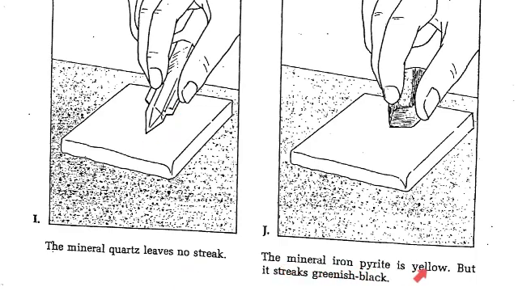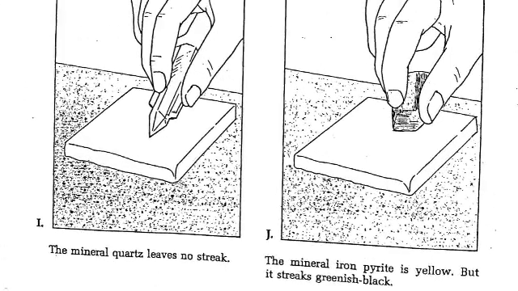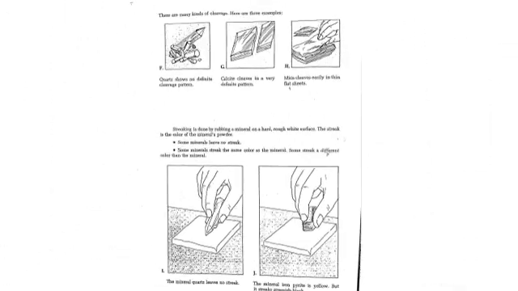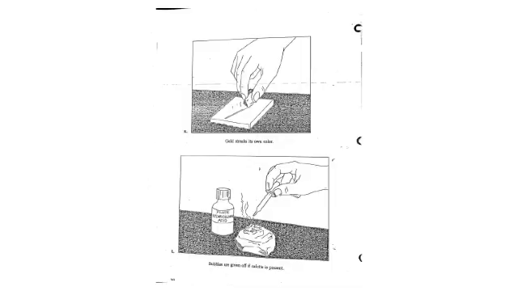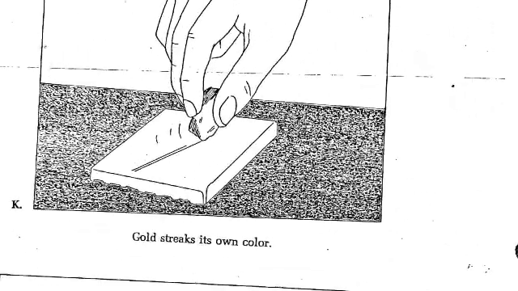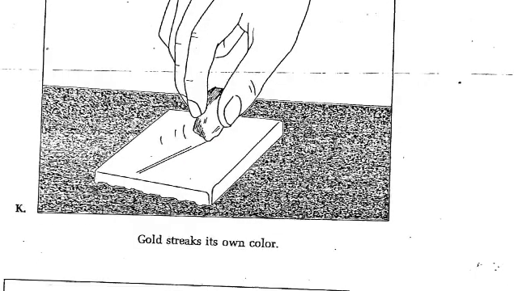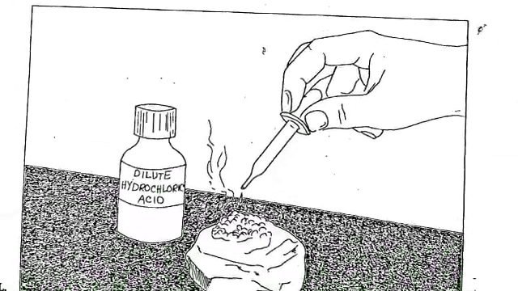The mineral iron pyrite is yellow, but it streaks a greenish black, almost more like a gray. Gold, if you streak it, would streak its own color, because gold is very malleable.